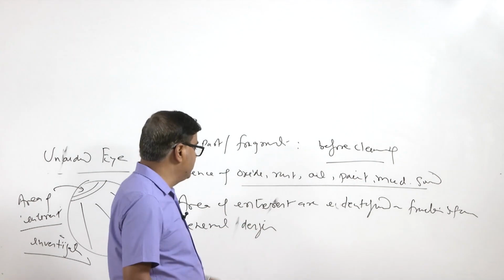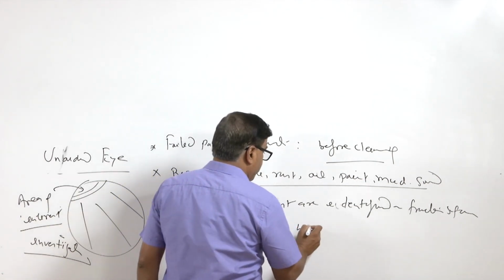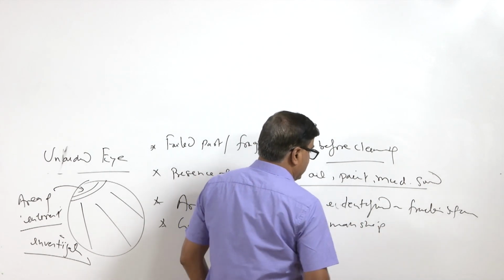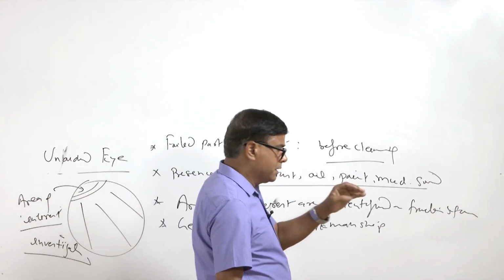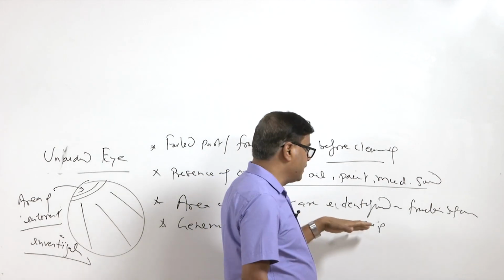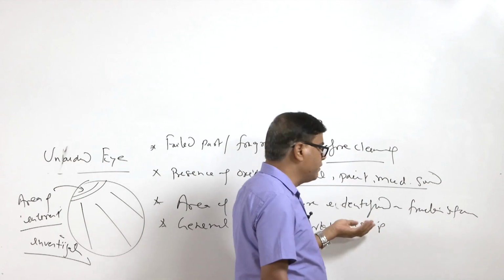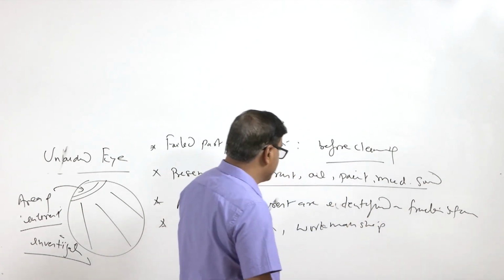So, a general idea about the design or the workmanship can also be seen, how properly and meticulously things have been designed and manufactured, or if there is casualness during manufacturing, that also can be seen.